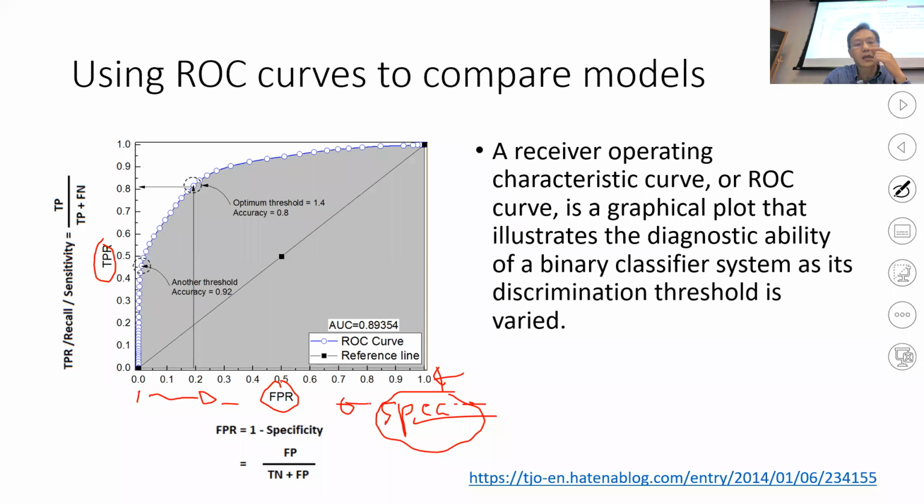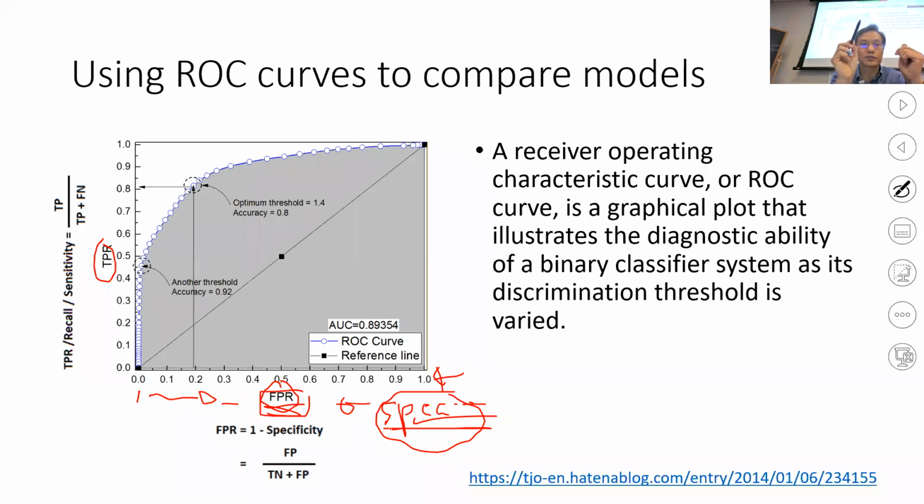Be careful to pay attention to the x-axis, whether it's the false positive rate or specificity, because the labels of those values will be opposite. Anyway, you want to have good results.